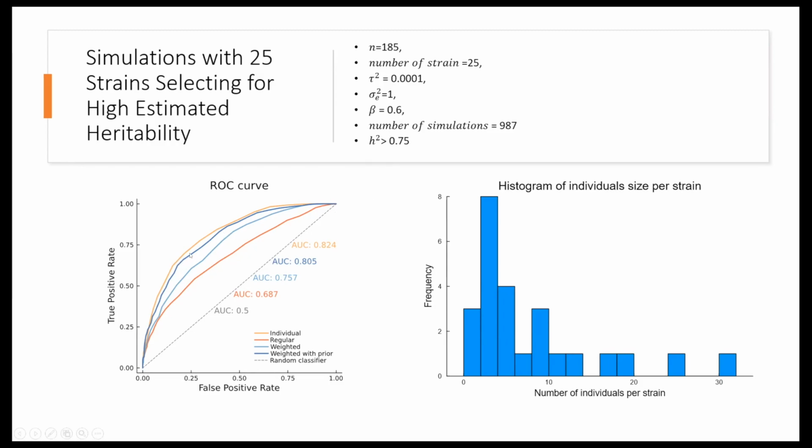So you can see here that in this specific case, the weighted with prior is very close to the individual's scan. The regular scan is still much lower, and the weighted one is even lower.